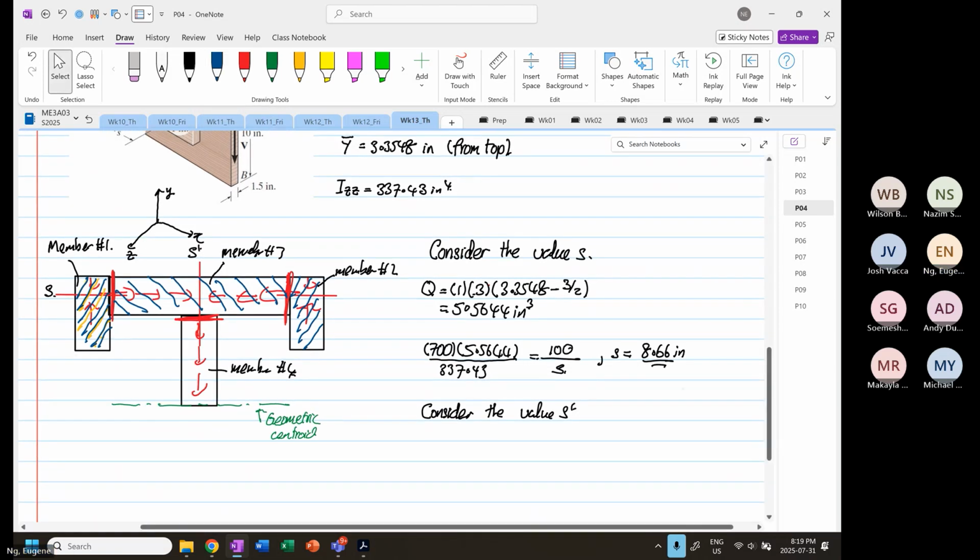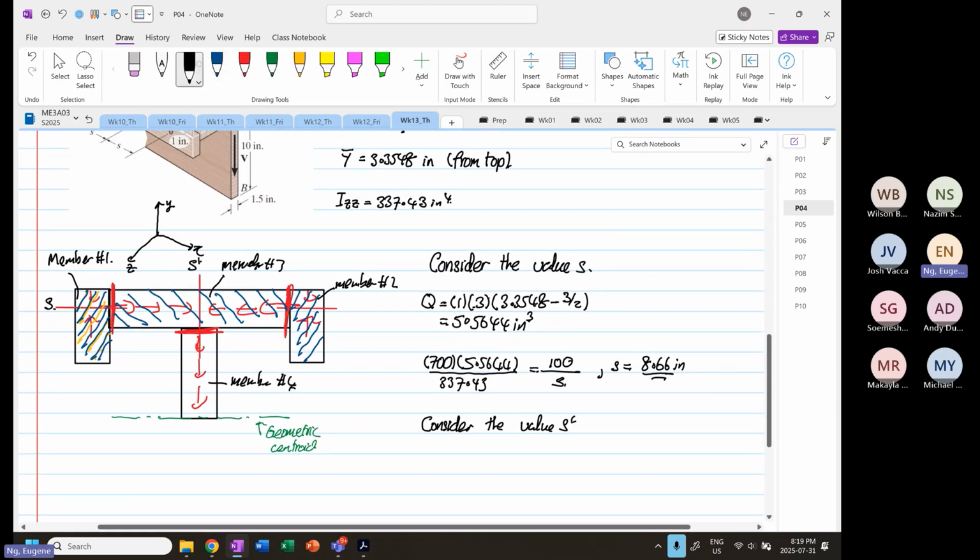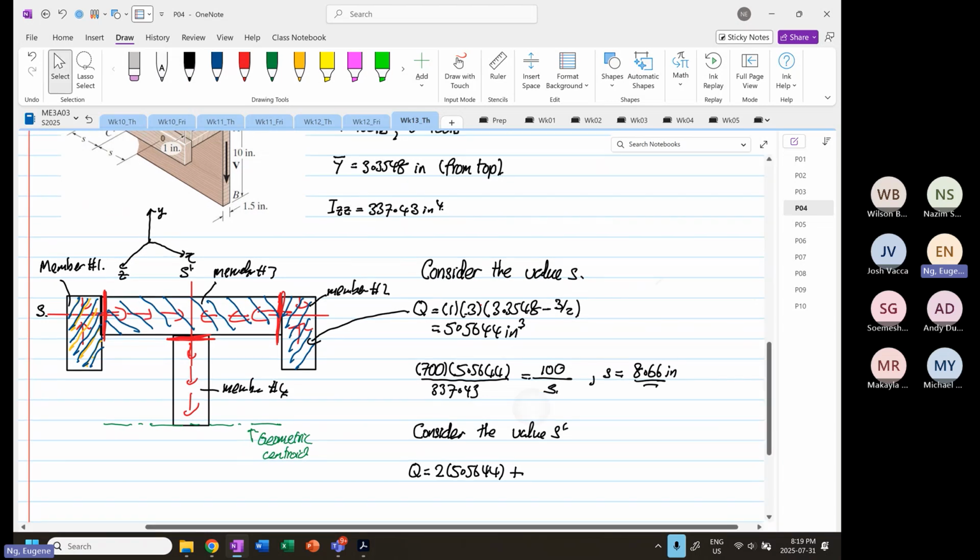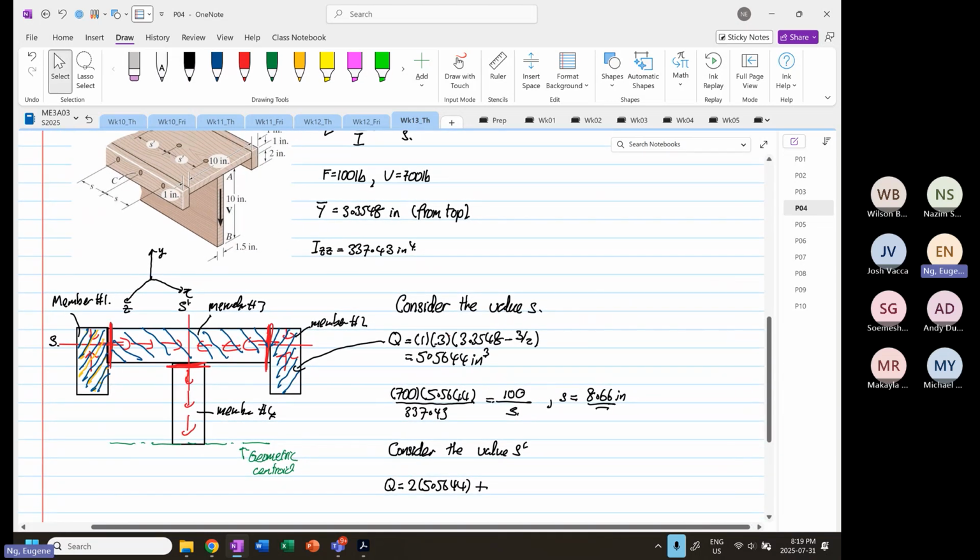So now we know that Q is equal to twice 5.5644, plus, because the 5.5644 is for this, so that's left and right twice. The width is 10.